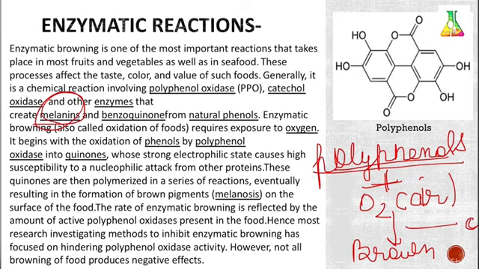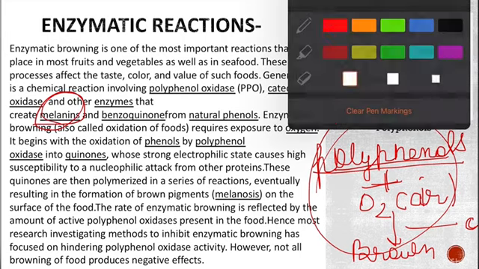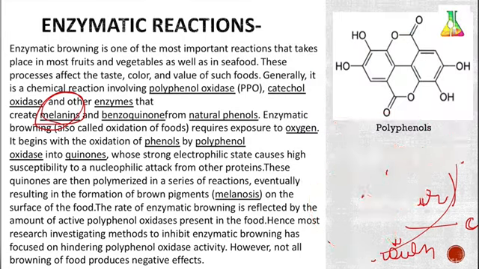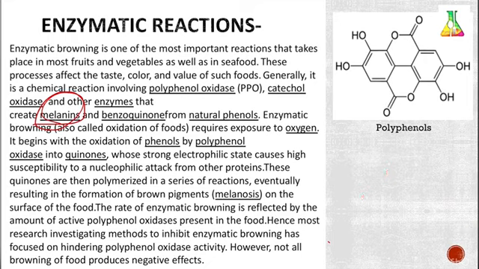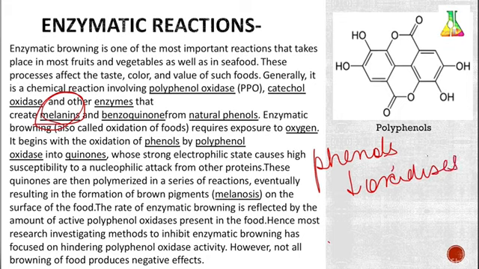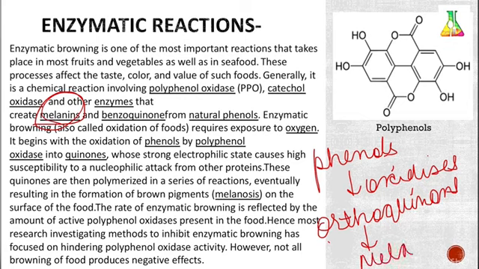Enzymatic browning is due to the oxidation of phenols to orthoquinones. This was the overview of the steps; let me give you the details. The phenols oxidize to form orthoquinones, and these orthoquinones rapidly polymerize to form melanin, that brown pigment.